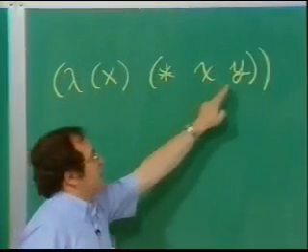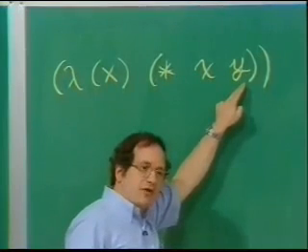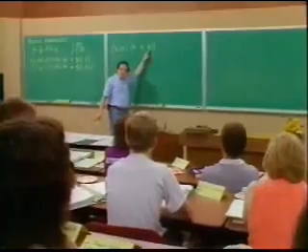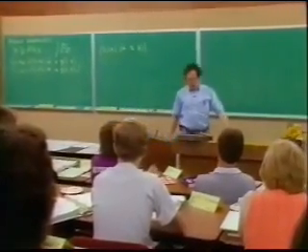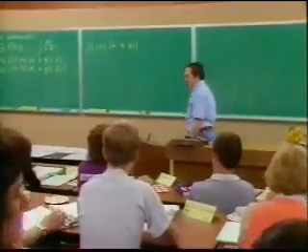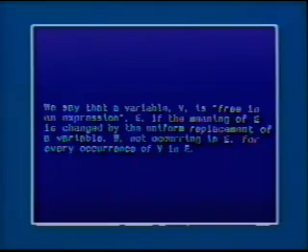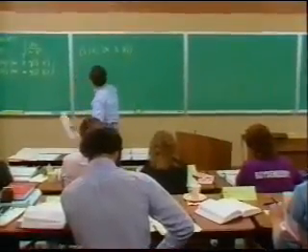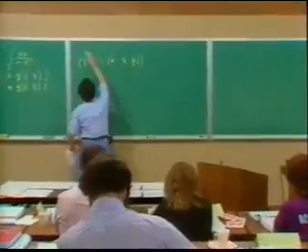If I were to replace every instance of y with z, I would have a different procedure which multiplies every argument it is given by 4. Okay, and in fact, we have a name for such a variable. Here, we say that a variable v is free in an expression e if the meaning of the expression e is changed by the uniform replacement of a variable w not occurring in e for every occurrence of v in e. Okay, so that's why this variable over here, y, is a free variable.